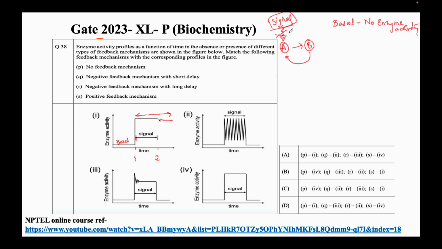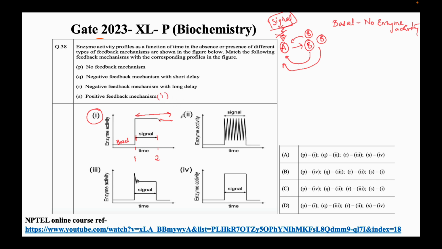Because when we provided the signal for this period of time, we had activated molecules of B. We had various activated molecules of B, which further activated A molecules, and the enzyme activity persisted. So this enzyme activity profile corresponds to the positive feedback mechanism. This clearly explains the positive feedback mechanism.